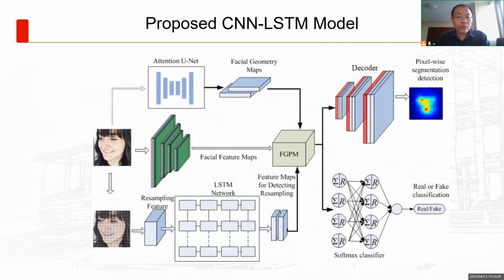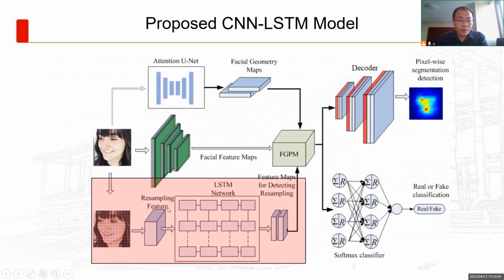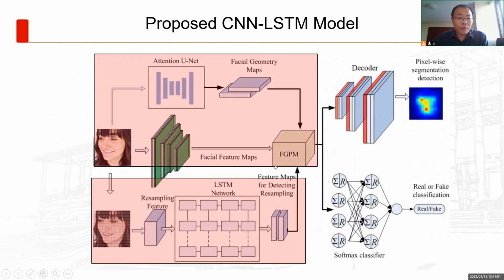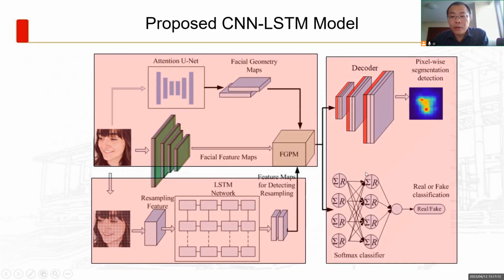These figures show the models in our studies. As we see, it consists of three parts. The first part is LSTM networks, and the second part is facial geometric prior models, and the third part is a decoder and classifier. Let's see the first part, LSTM network.